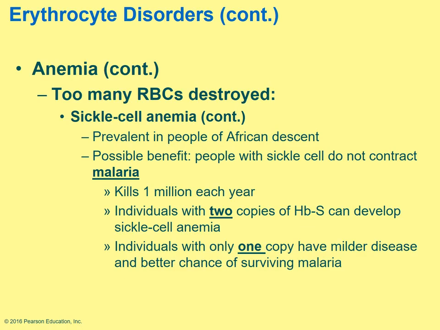Now, the interesting thing is that if you have one copy of the sickle cell gene and one normal gene, will you have sickle cell anemia? No, you will not. But will you still have protection against malaria? Yes, you will. So there's a benefit to having just one gene, but you don't want both, because if you have both, you have sickle cell anemia.